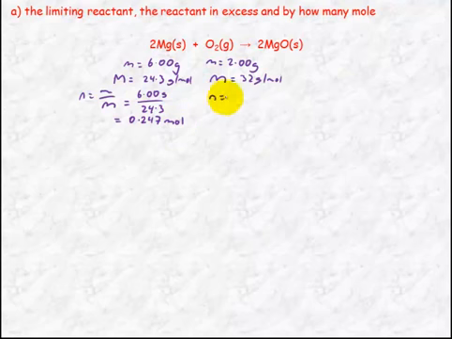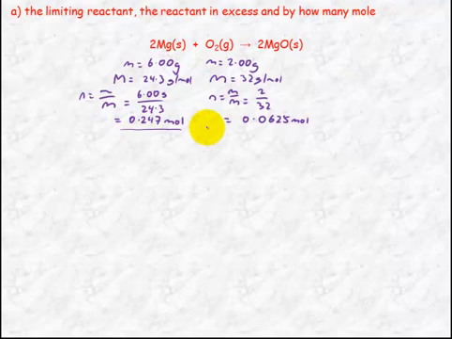We've got number of mole equals m on M, which equals 2 divided by 32, which equals 0.0625 mole.